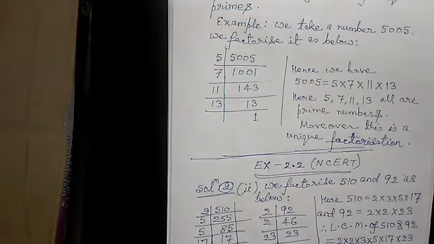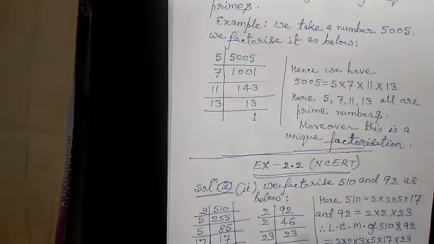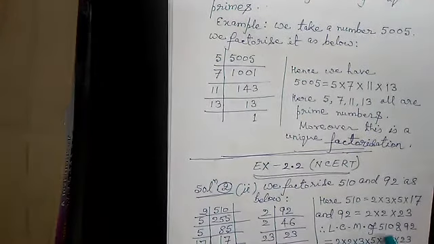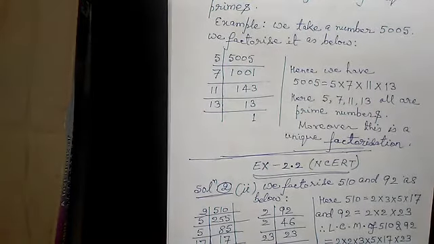Now here we have written the factorization of 510, and 92 is 2 into 2 into 23. So the LCM of 510 and 92 will be 2 into 2 into 3 into 5 into 17 into 23. Whatever is common in both you take, and what is not common you also take, and multiply all these numbers, you will get the LCM.